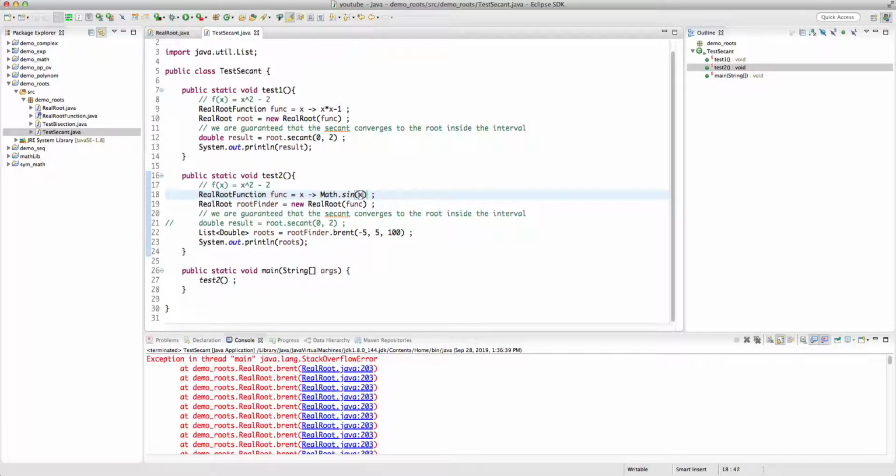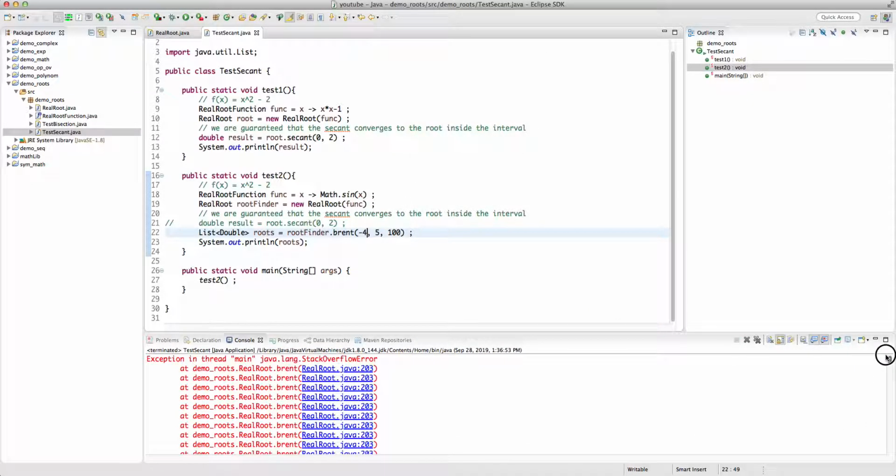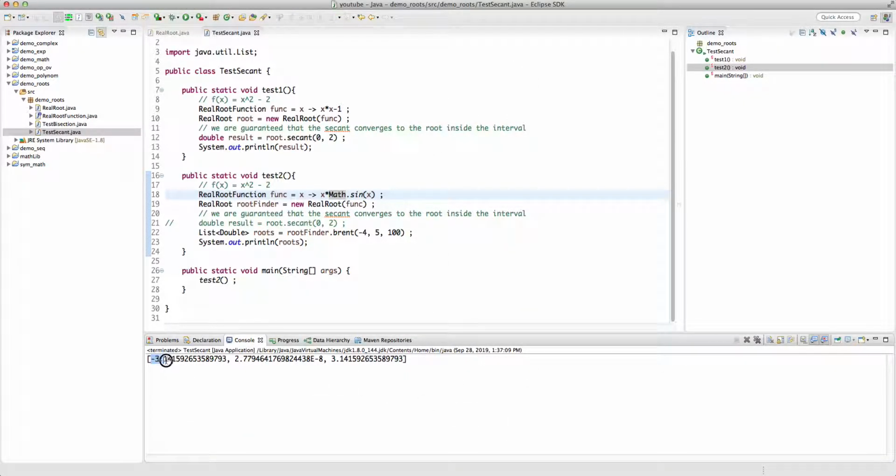Math cosine of, let's call this minus 4 to 5. It still fails, and it could be due to several reasons. We have to look into what happens. Let's say x times sine of x. It succeeds in finding the roots. One of the roots is 0, one is minus pi, the other one is pi.